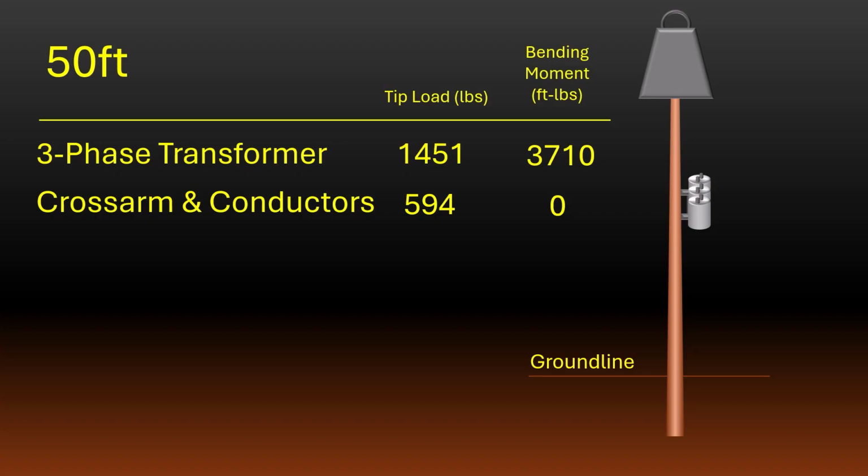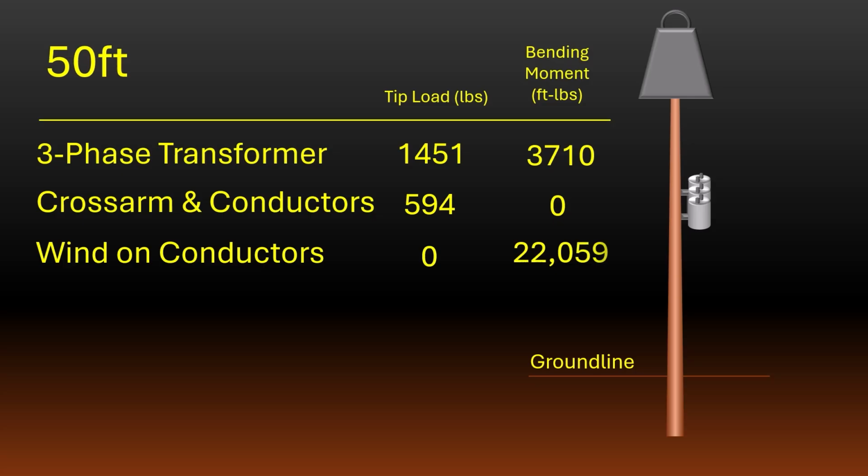Per NESC guidelines, we determined the effect of wind loading on the pole in a light loading district to be a combination of the wind on the conductors, which created a bending moment of 22,000 foot-pounds, and the wind on the pole, which added an additional 6,300 foot-pounds of bending moment.